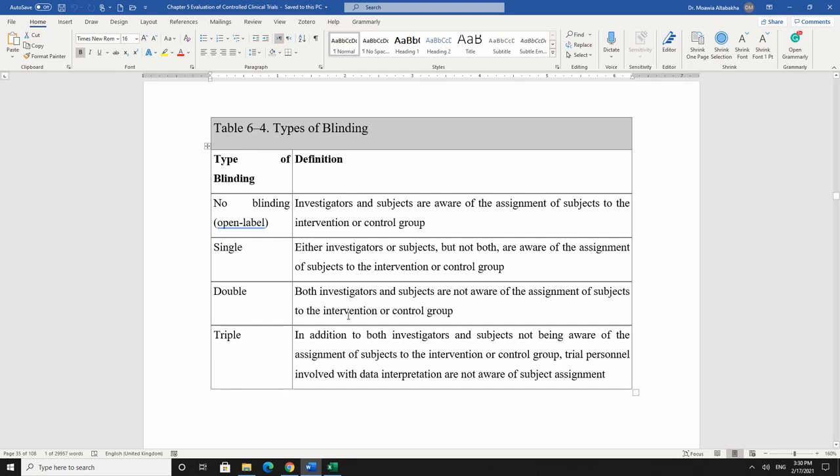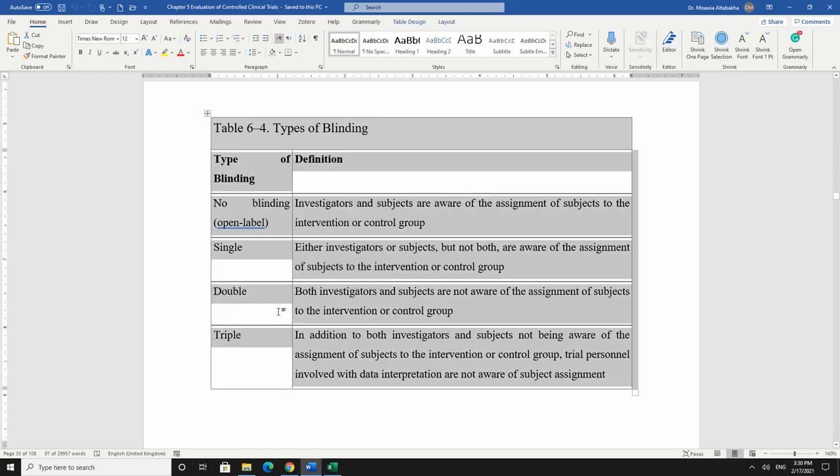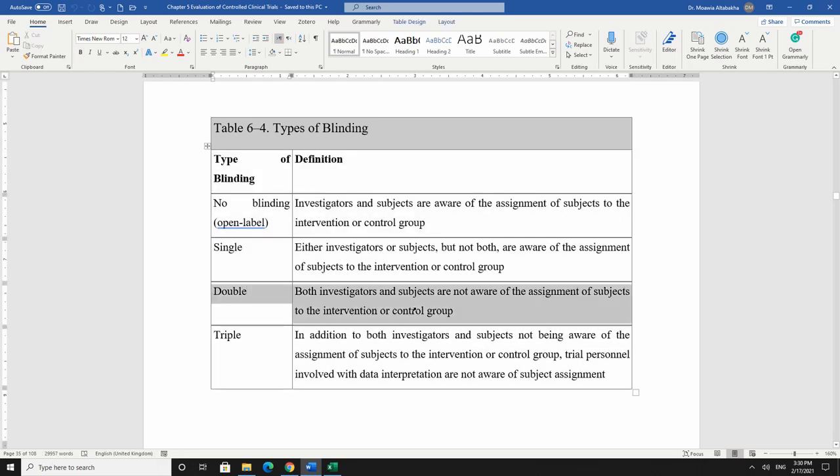The gold standard, and this is applied in most clinical trials, is double blinding. In this case both the investigators and subjects are not aware of the assignments of the subjects, who's taking what.